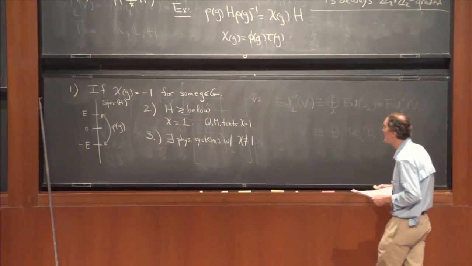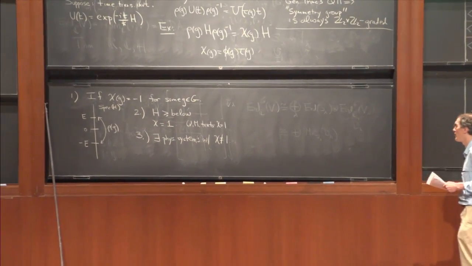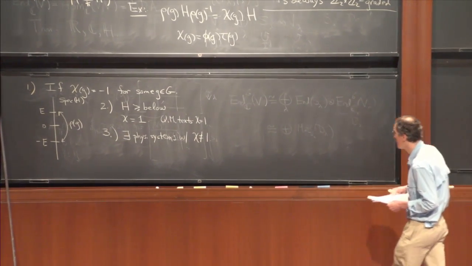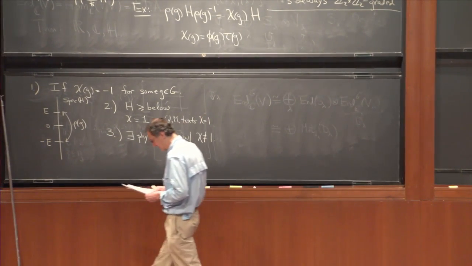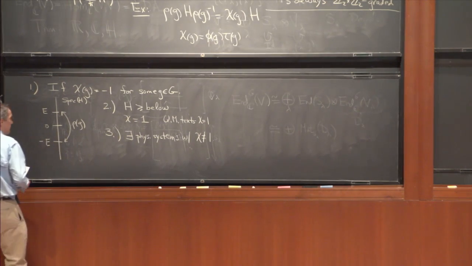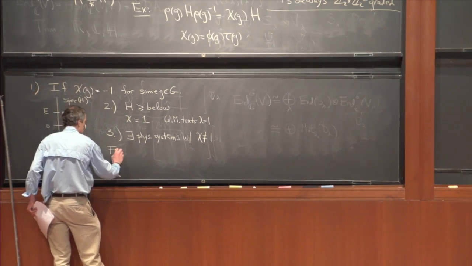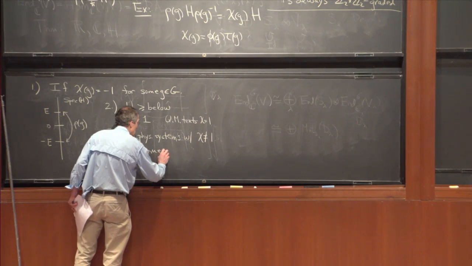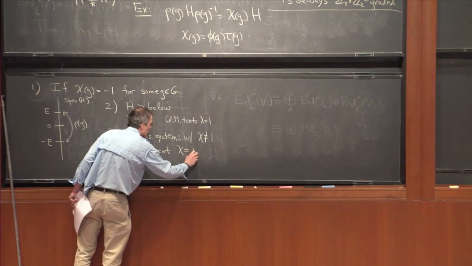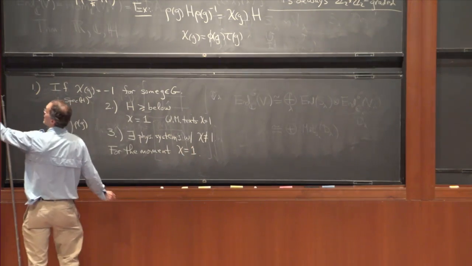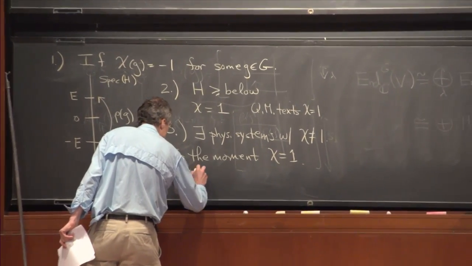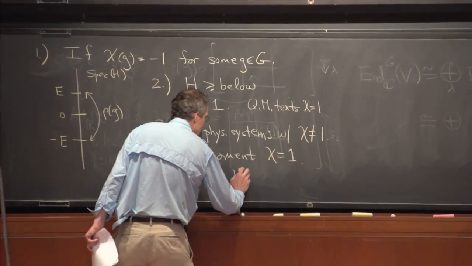And Charlie Kane, in his first lecture, mentioned one with polyacetylene, some chiral symmetry, and Andrei Bernevig mentioned one yesterday. For the moment, however, we take chi equals 1, and that will lead us to Dyson's threefold way. And then when we relax this constraint, we'll get to the tenfold way.